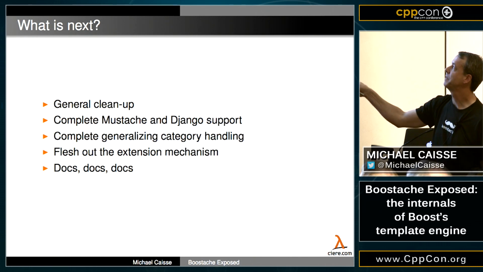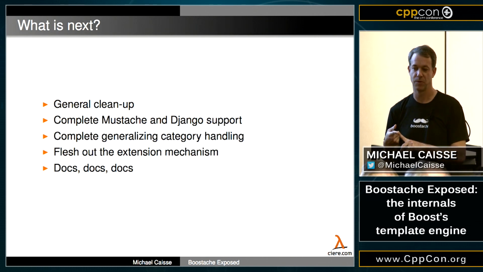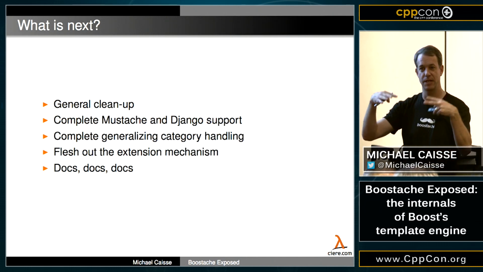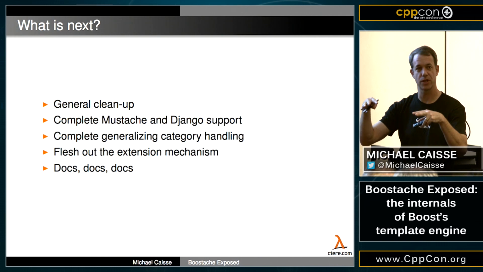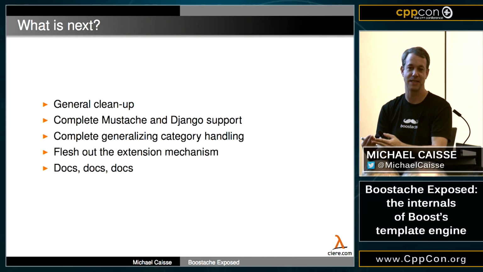We need to complete the Mustache and Django support. In particular, what's missing are partials, which is that include capability. The other weirdness, you saw how we kept basically diving down into the data structure that the user gave us, the context. What we're going to need to do is write a context that is basically the same type of design that we use in Spirit. It's a wrapper that's going to go around what the user gives us.